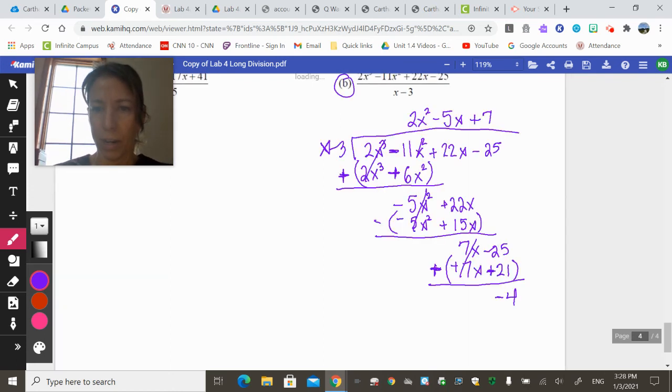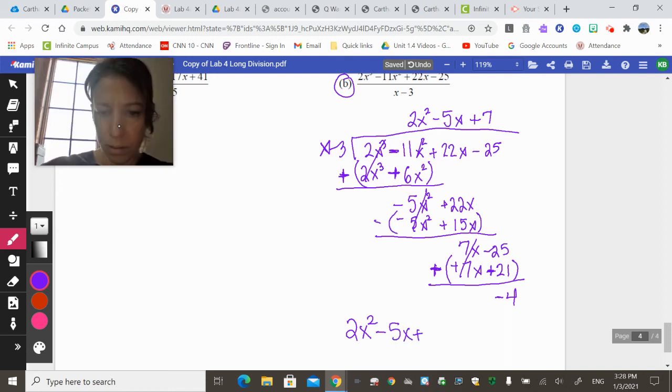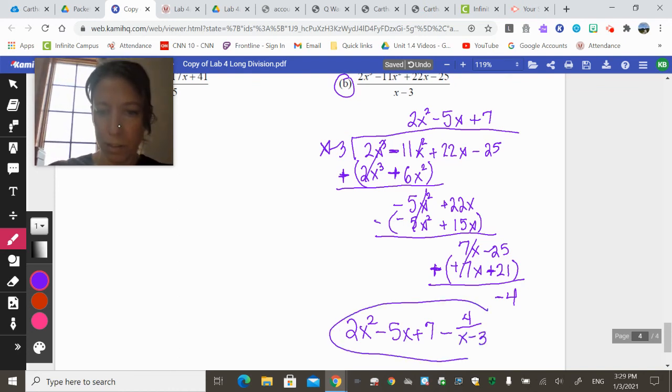And I rewrite my answer. Okay, I write my quotient, which is 2x squared minus 5x plus 7. And I can write minus 4 over my divisor, which is x minus 3. And this will be my final answer.